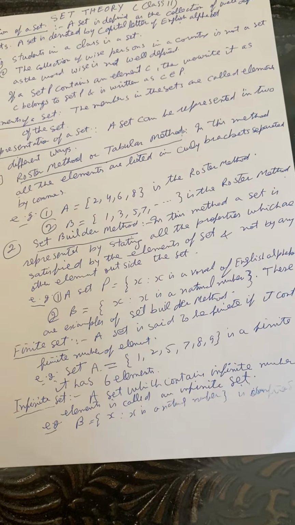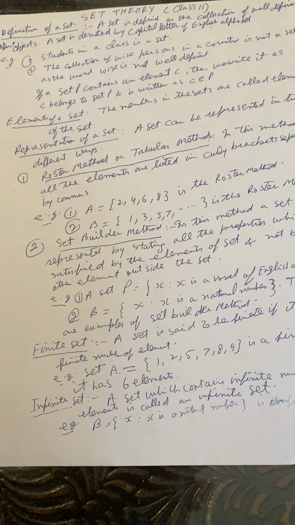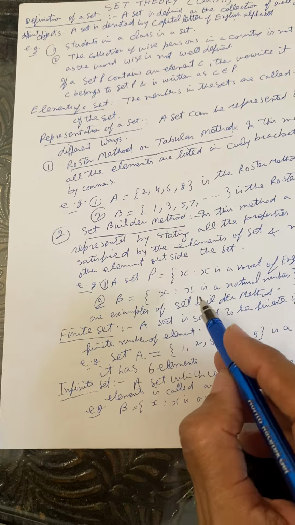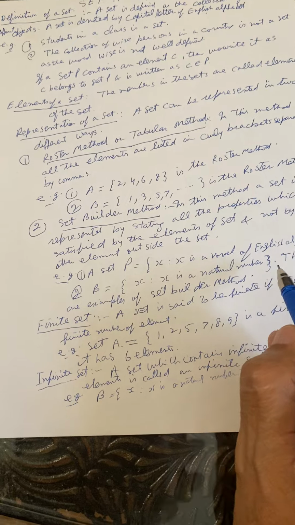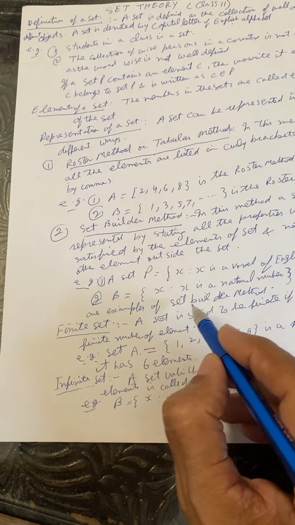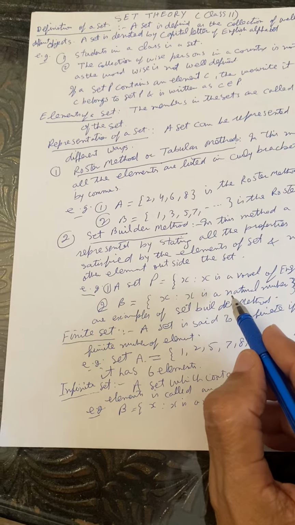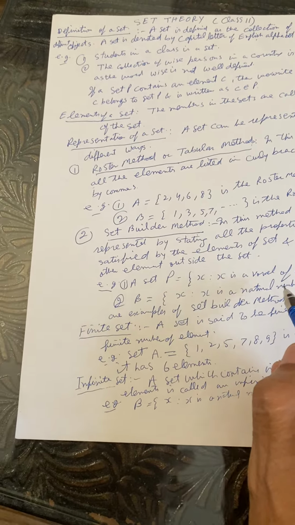Vowel is the common property. And the elements are A, E, I, O, U. Similarly, B = {x such that x is a natural number}. These are examples of the set builder method. Natural number is common for all these: 1, 2, 3, 4, 5, 6, and so on.